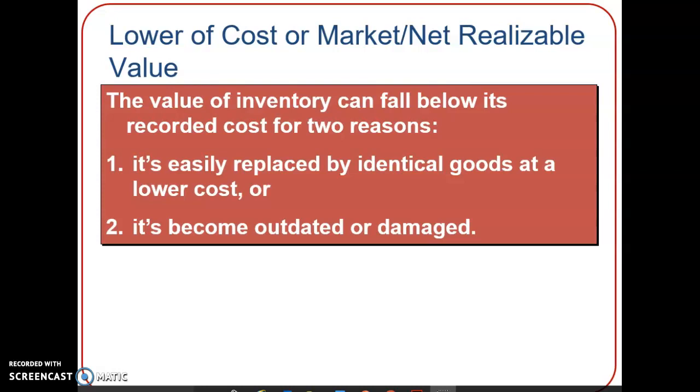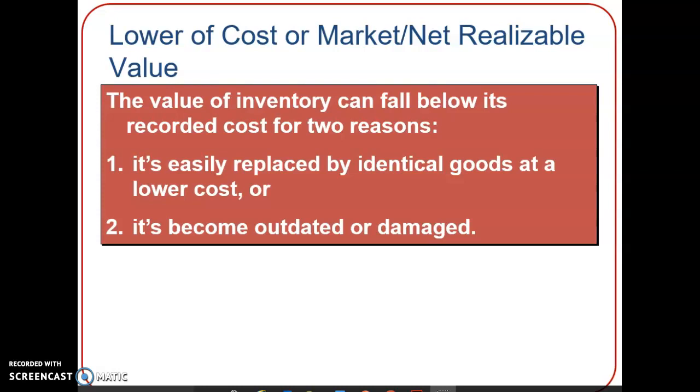But if you have a brand new iPhone in its original packaging, never opened in your storage, and hold on to today, what's the value of an iPhone 6? I don't think it will fetch $600 or $700 from a fair market. So your inventory becomes outdated, damaged, and sometimes it's easily replaced by identical goods at a lower cost, which is the case of the iPhone I just mentioned.